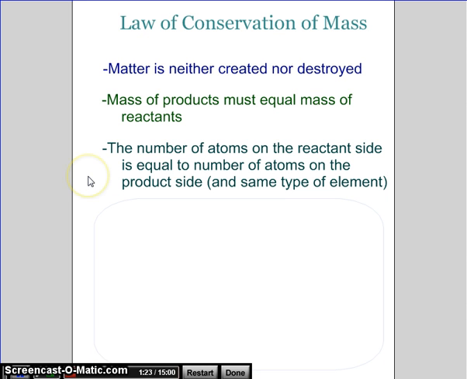And it has to be the same type of atom. So if we have 2 carbon atoms and 1 oxygen atom, but then 2 oxygen atoms and 1 carbon atom, technically it's the same amount of atoms, but they also have to be the same type of element.